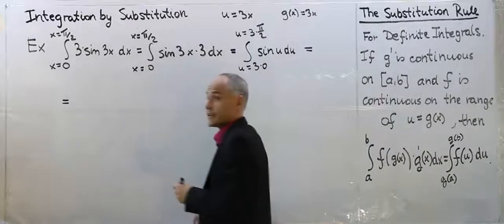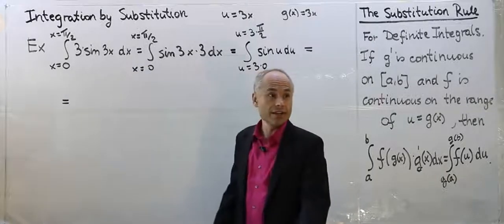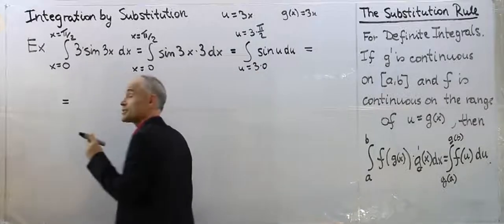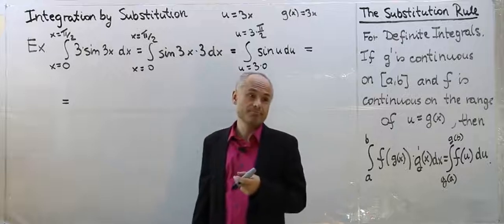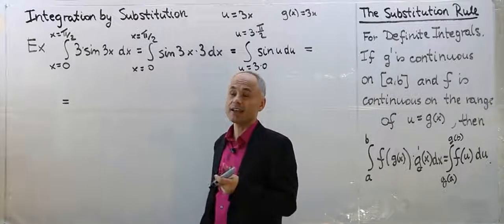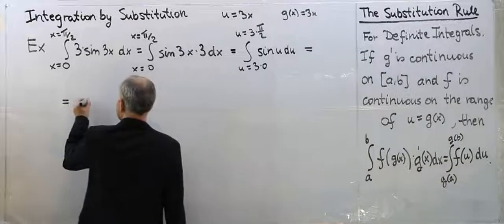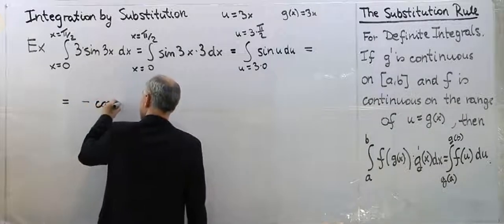the integral of sine of u. Well, we had that integral several times already. No, we actually had the integral of cosine of u. So what's the integral of sine of u? It's negative cosine, yes. Negative cosine of u.